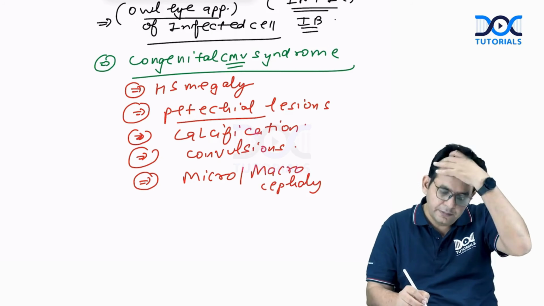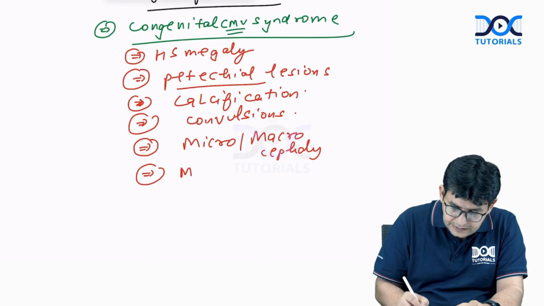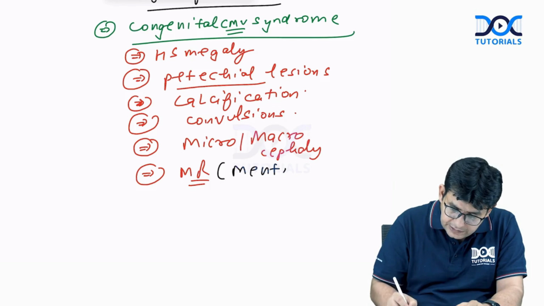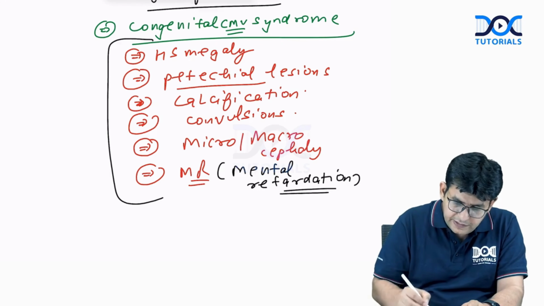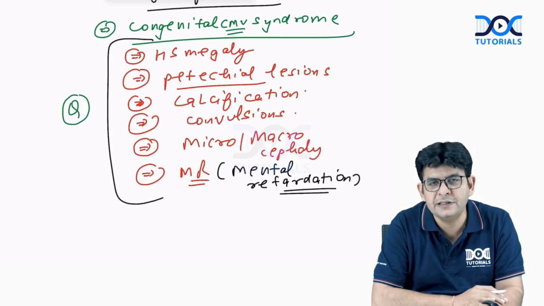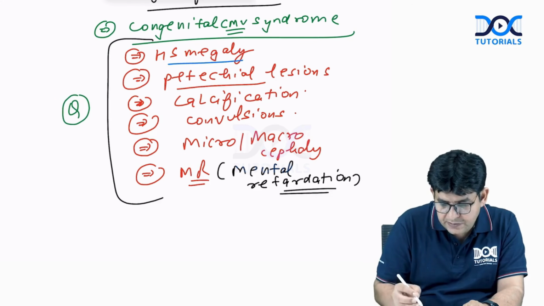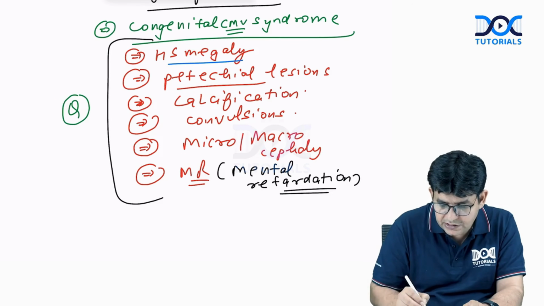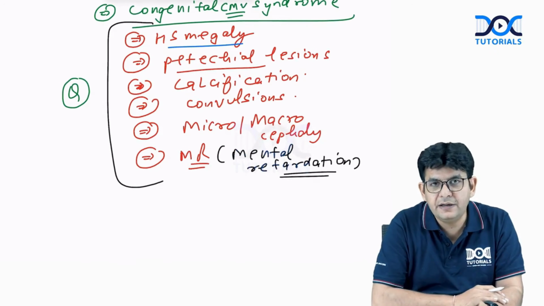Okay, micro or macrocephaly. Other than that, MR, that is mental retardation. All these features, they are observed with congenital CMV syndrome. Okay, which all? Hepatosplenomegaly, petechial lesions, calcifications, convulsions, macrocephaly, and mental retardation.